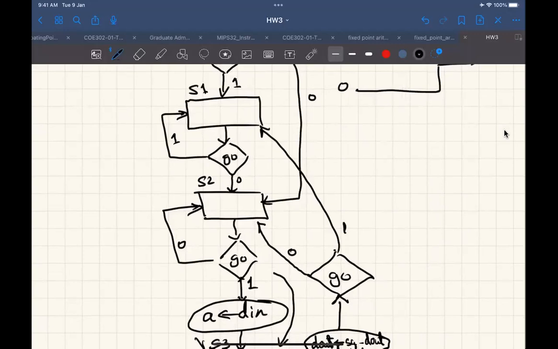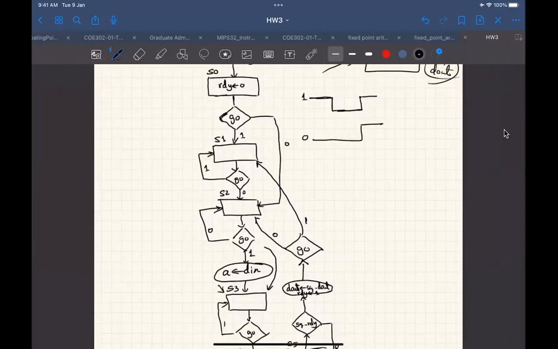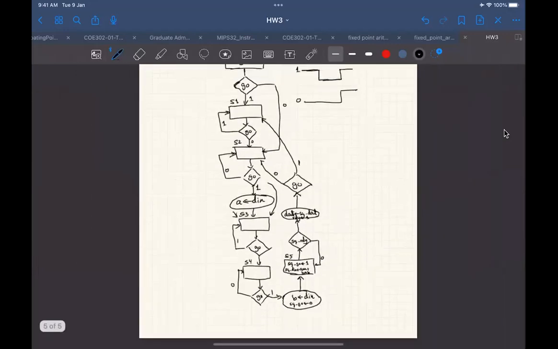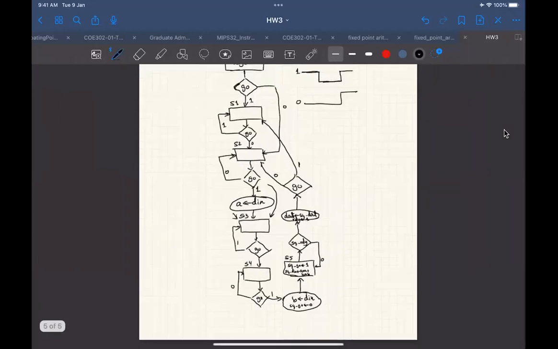Now, is it easy for you to translate this ASM chart to Verilog, Shabab? I think it's easy. Straightforward, huh? Yes. Yeah, the main reason for the assignment, Shabab, is to expose you to this.